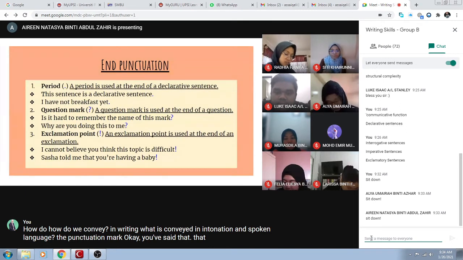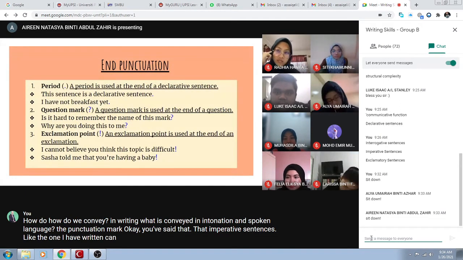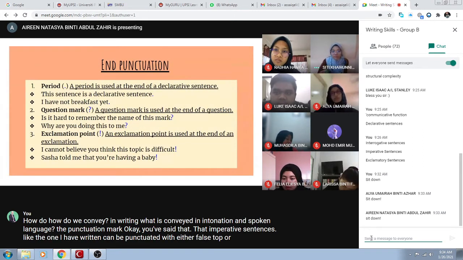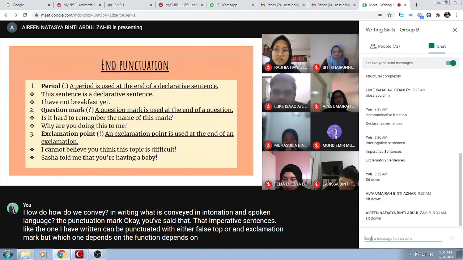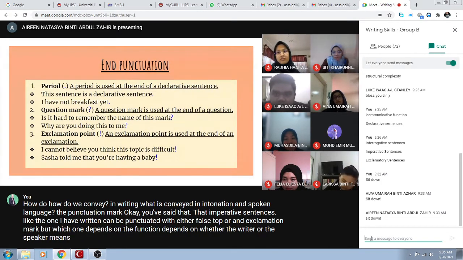imperative sentences, like the one I have written, can be punctuated with either a full stop or an exclamation mark. But which one depends on whether the writer or the speaker means the utterance as a command or a request.